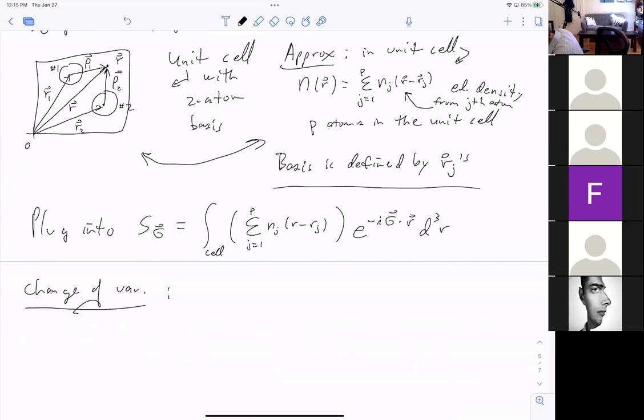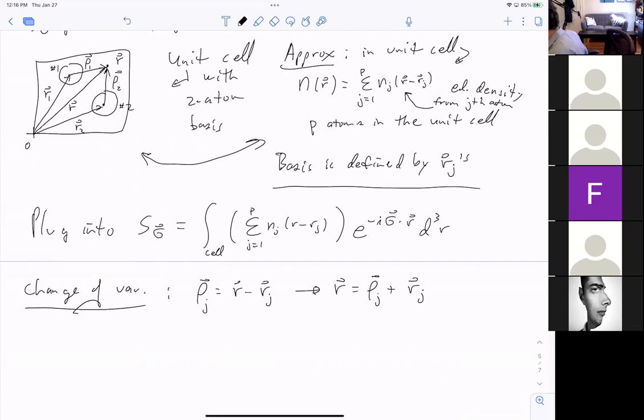And we'll say that rho j is equal to r minus rj. And you can look at the picture I drew up above to give you a sense of what the rho j means geometrically. In which case I can rewrite r as rho j plus rj. Okay, just a change of variables.